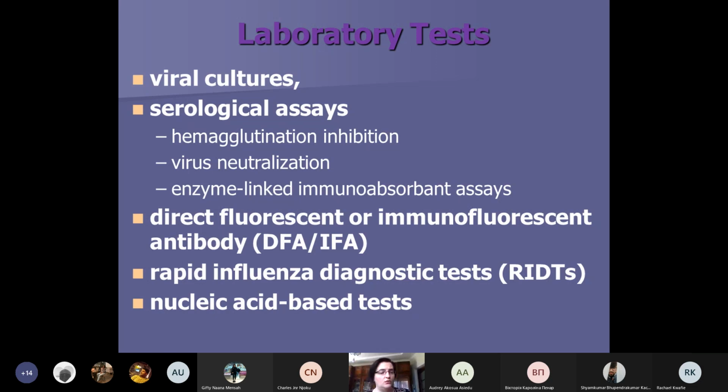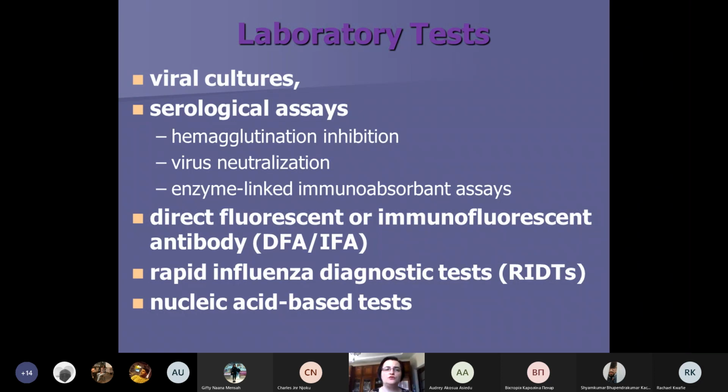Viruses can be grown in a culture of mammalian cells or embryonated eggs for 3-10 days to monitor cytopathic effect. Cultures can be used to characterize novel viruses, observe sensitivity to antiviral drugs, and monitor antigenic drift. But they are relatively slow and require specialized skills and equipment.